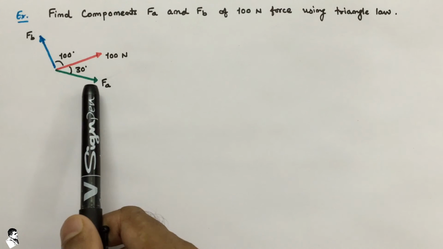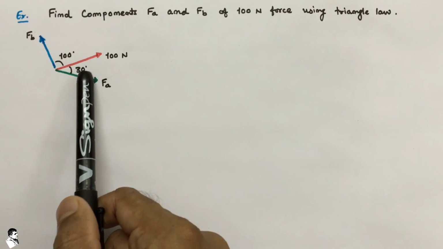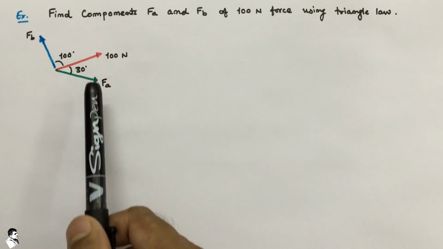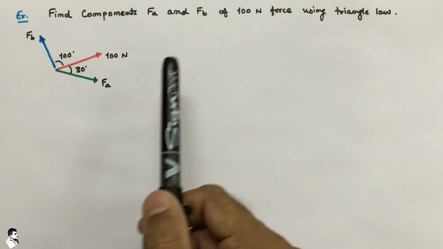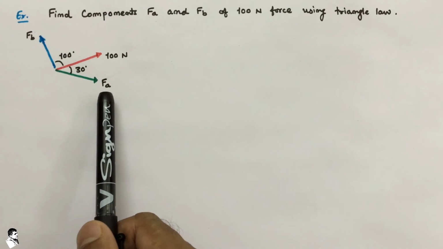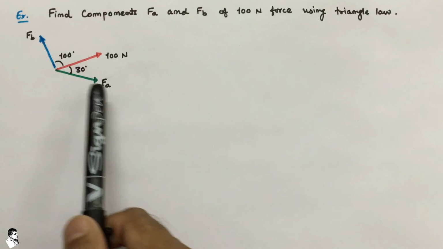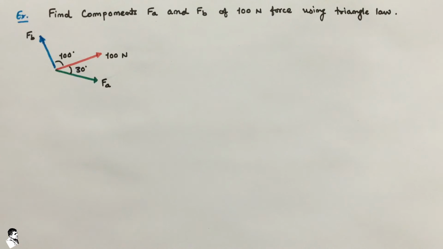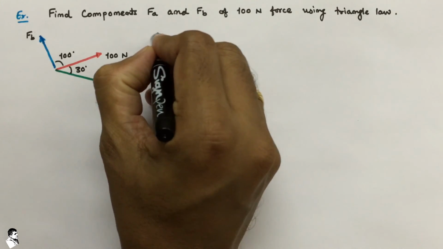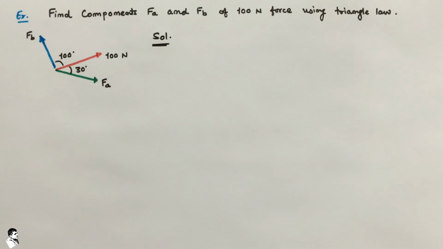FB and 100 Newton force make an angle of 100 degree, and FA component and 100 Newton force will make a 30 degree angle. Now using the triangle law, we require to find out the components of that 100 Newton in terms of FA and FB. So let us try to solve this example using triangle law.